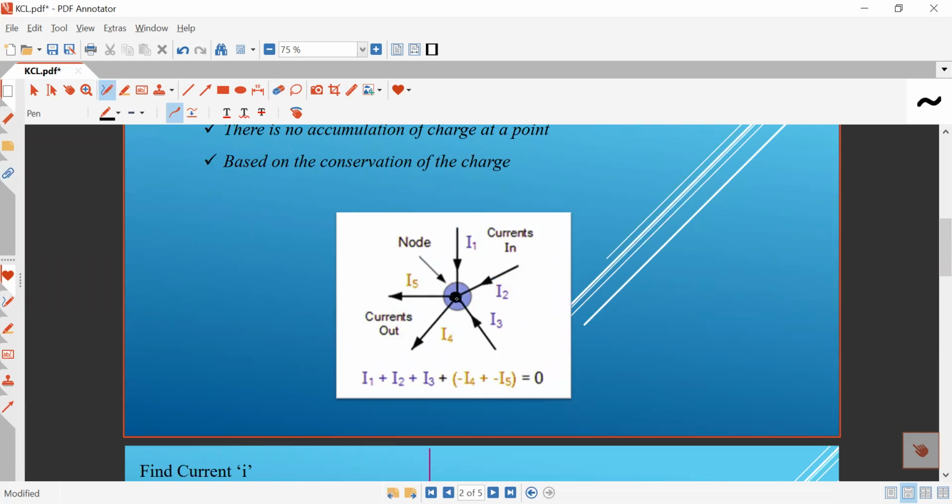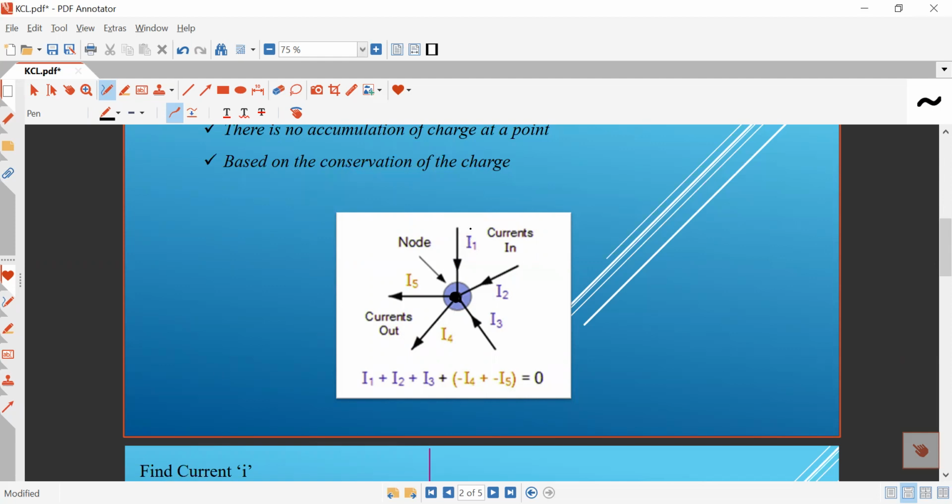Because at this point, 5 branches are connected together. And node is a point where two or more than two branches are connected together. And according to Kirchhoff current law, at the node, algebraic sum of current will be equal to 0. This is the statement of Kirchhoff current law.